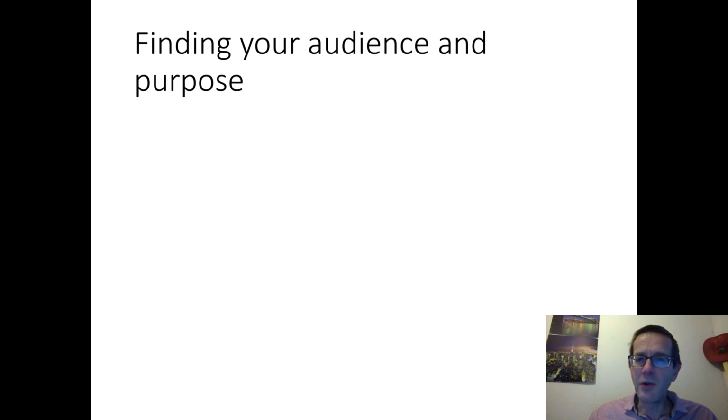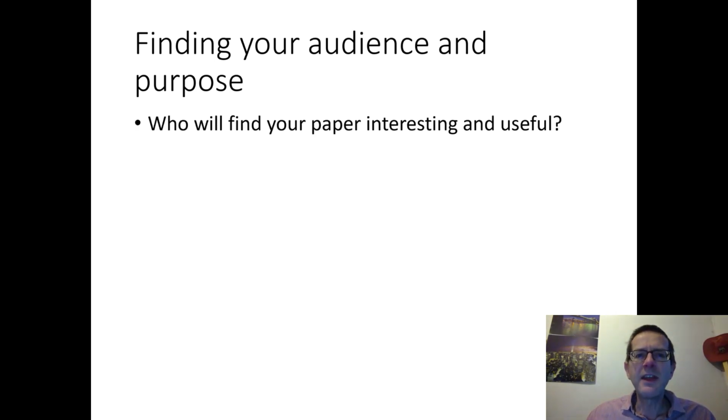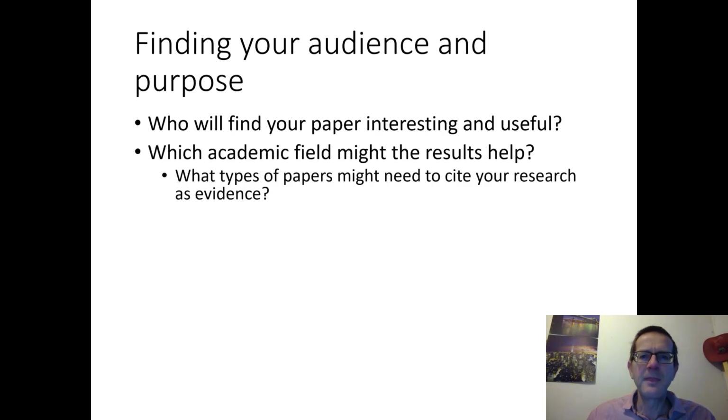You also need to find your audience and your purpose for your study. So you need to think about who will find your paper interesting and useful. What kinds of people will find your paper interesting and useful, in the sense that it helps them do their job, whether it's research or some other job.